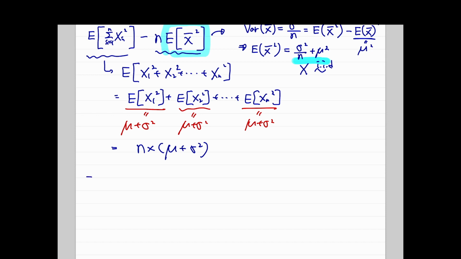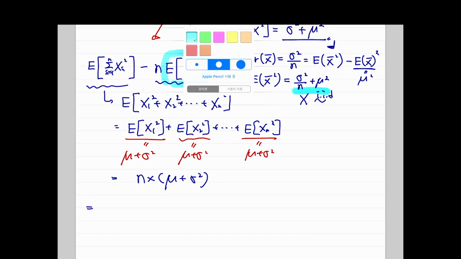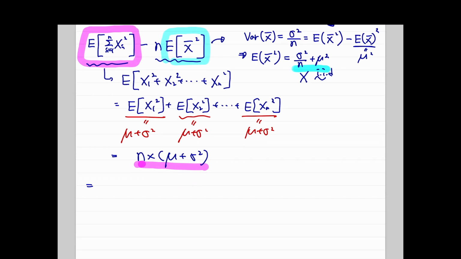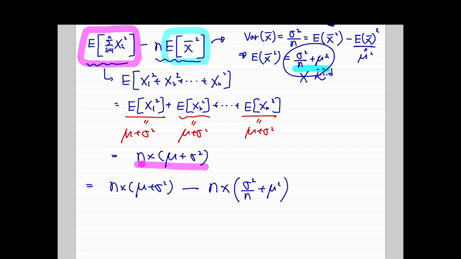To sum up, the first term is n multiply mu square plus sigma square, minus n multiply sigma square over n plus mu square.